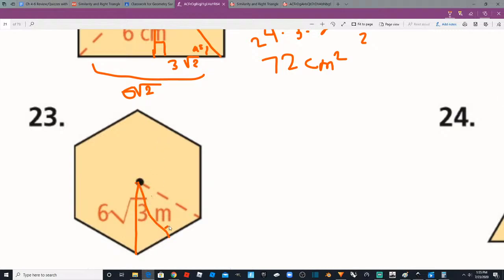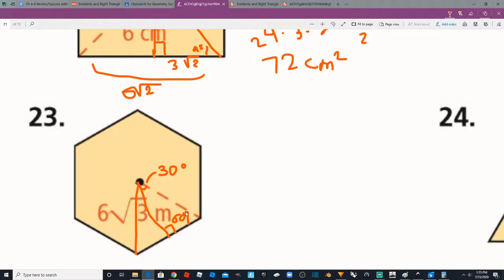So this one will be 30 degrees. This one will be 30 degrees. This one will be 60 degrees.